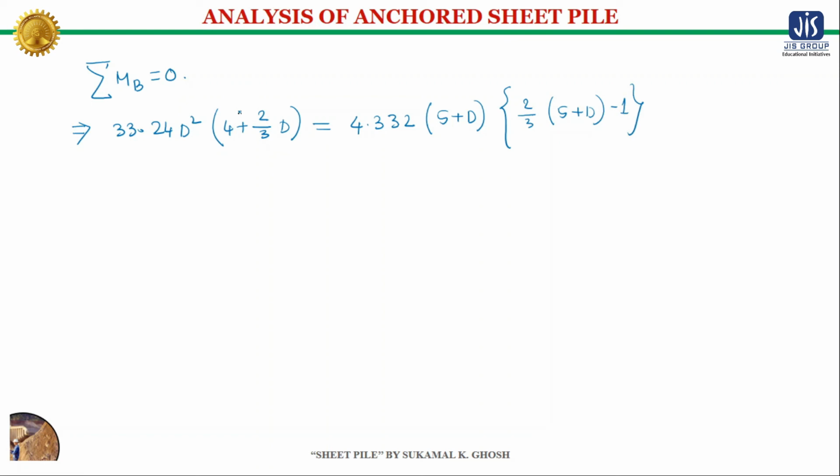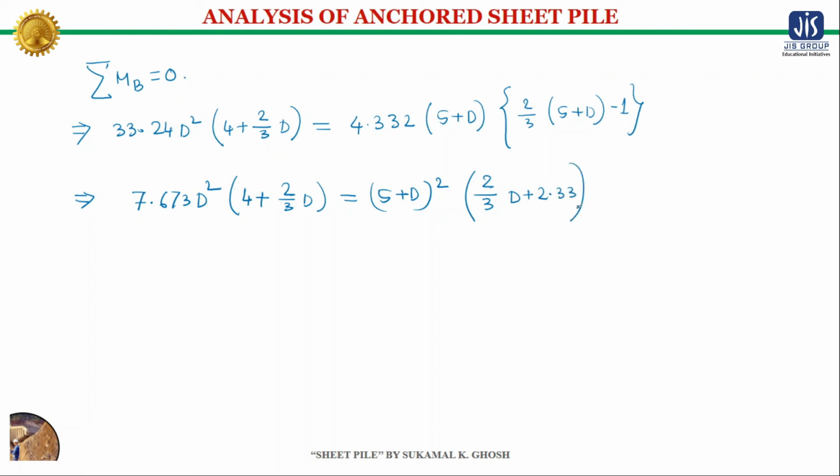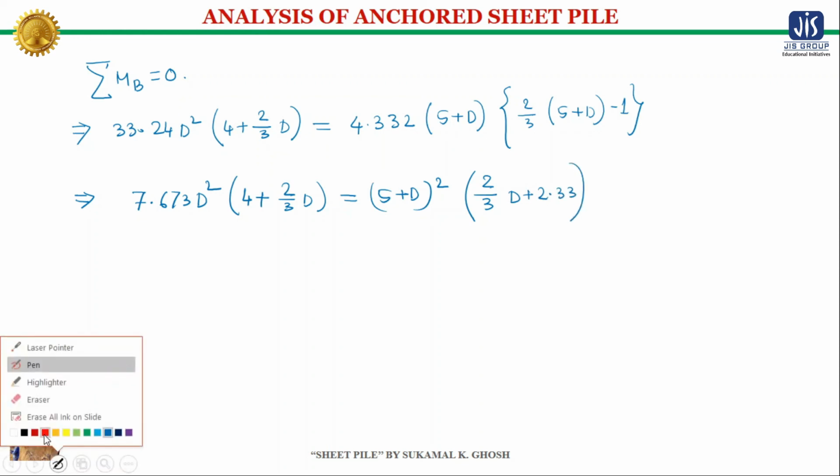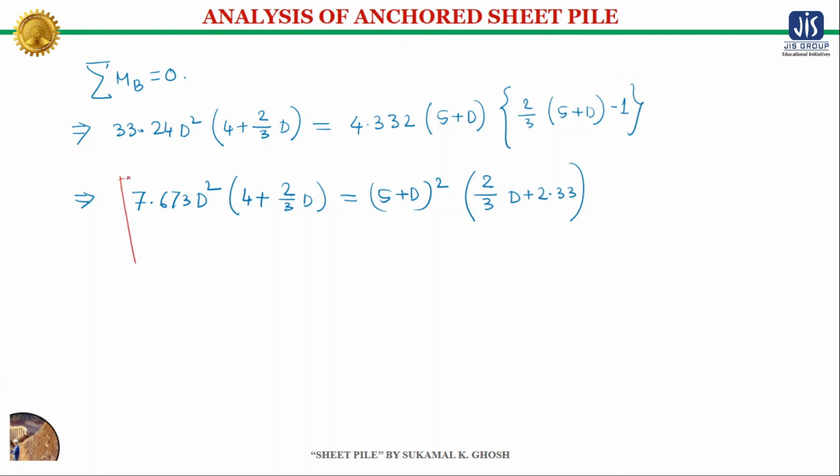Now if you solve it, you will have 7.673 D square into (4 plus 2 by 3 D) is equal to (5 plus D) whole square into (2 by 3 D plus 2.33). So you have got this expression.